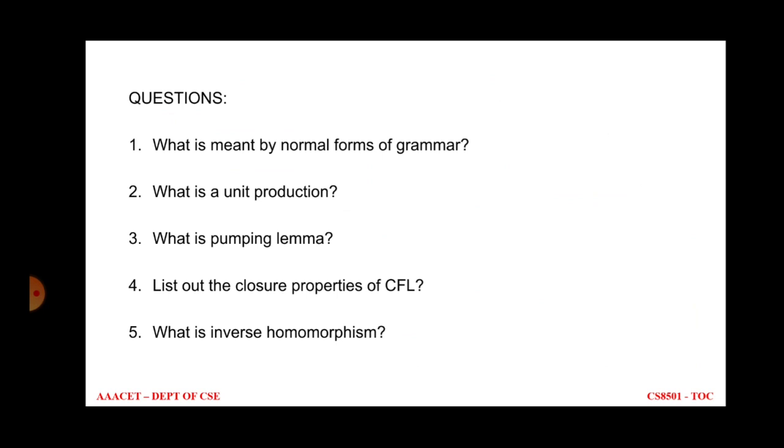The left hand side and right hand side of the production have only one non-terminal. What is the pumping lemma, which is used to prove the given language is not regular, and we should satisfy three properties. List out the closure properties, that is substitution. There are some applications in substitutions, that is union, concatenation, closure, positive closure, Kleene closure, intersection, homomorphism, inverse homomorphism. And what is inverse homomorphism?